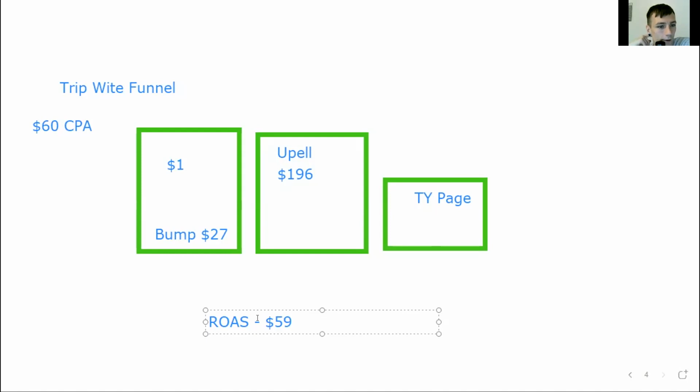Like I said, if you're doing the investing strategy, that's okay. But with your Tripwire offer, we're going to have an order bump. So let's say our order bump take rate is 20%.